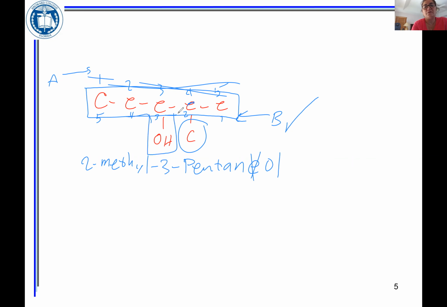So you have the 3-pentanol. Okay? You have your 3-pentanol, and 2-methyl is attached to 3-pentanol. The methyl is attached to carbon number 2 of 3-pentanol. Yes. Any other questions?